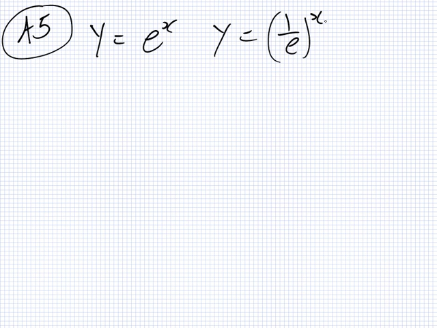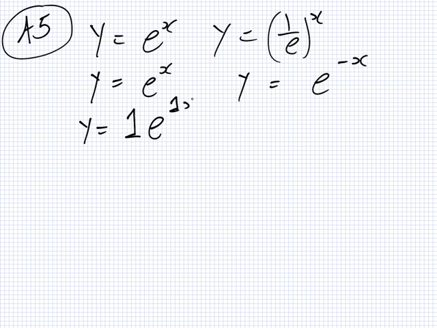Okay. Let's have a look. So the first one is this, y equals e^x. And the second one is y equals e^(-x). Or if you prefer, that's y equals 1·e^(1x) and y equals 1·e^(-1x). This one, the a is positive and the b is positive.